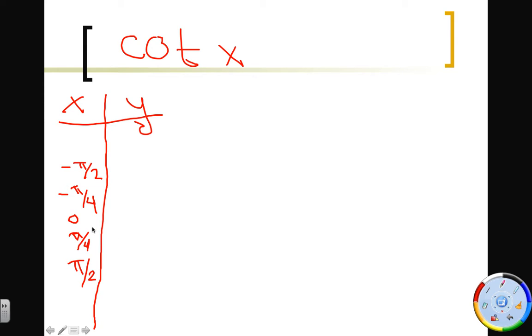So here's part of a problem. At 0, tangent was 0. But if tangent was 0, that means the reciprocal cotangent is undefined.